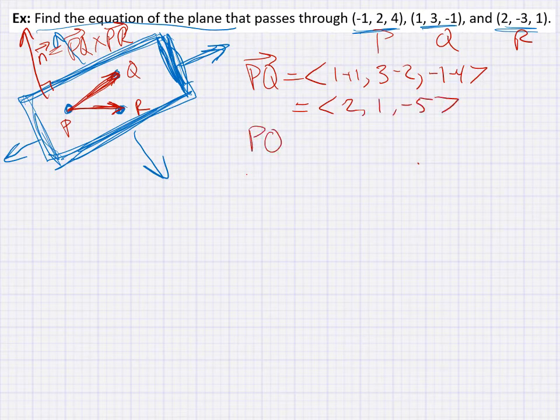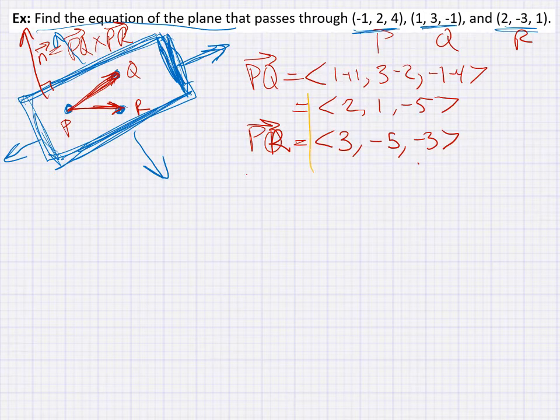And then vector PR would be what? 2 minus 1 is 1. 2 minus -1, do that right, 2 minus -1 is 3. -3 minus 2 is -5. And 1 minus 4 is -3.